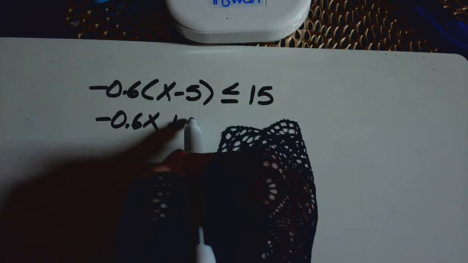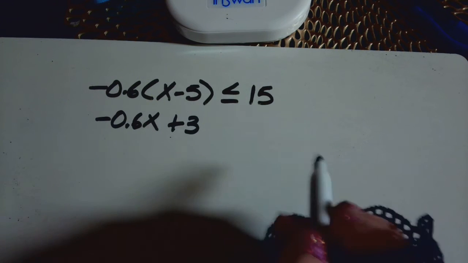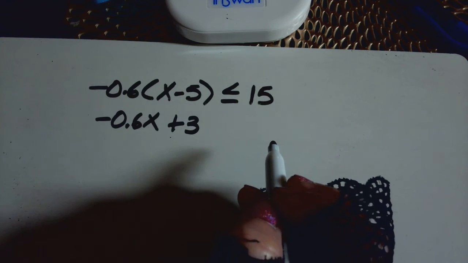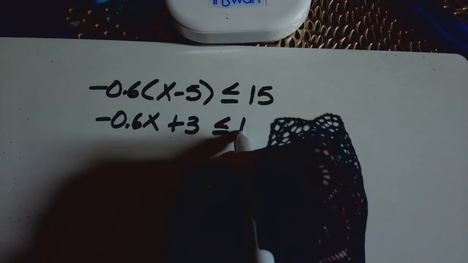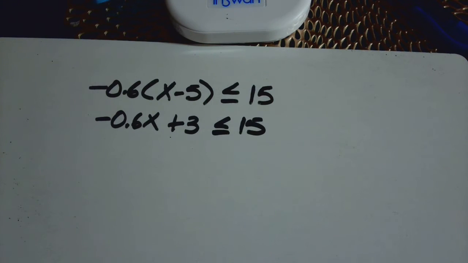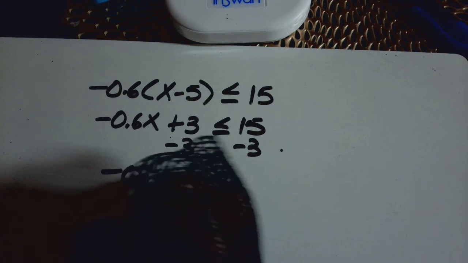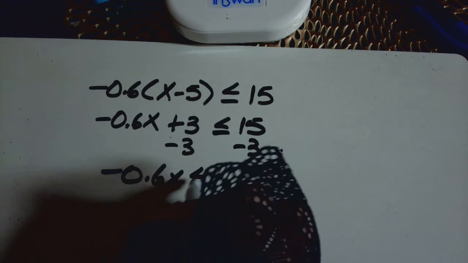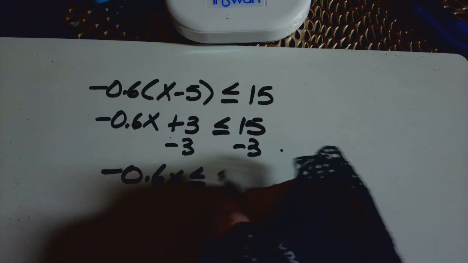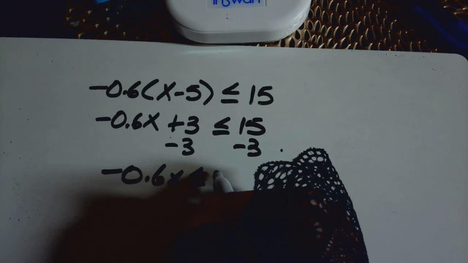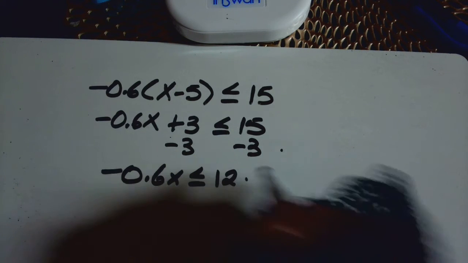And that's going to go ahead and cancel the 5s and give me plus 3. Then less than or equal to 15. Okay, so now I'm going to subtract 3. So negative 0.6x is less than or equal to 15 minus 3 is going to give me 12.